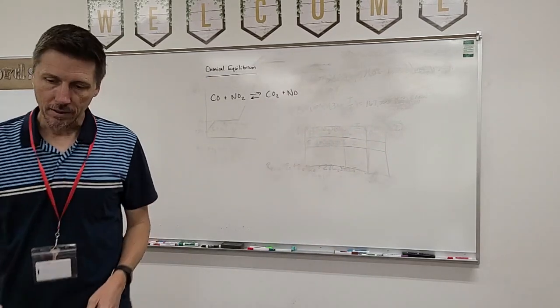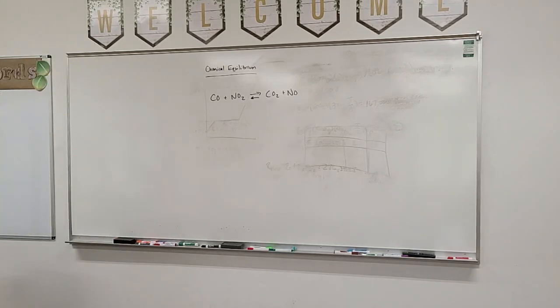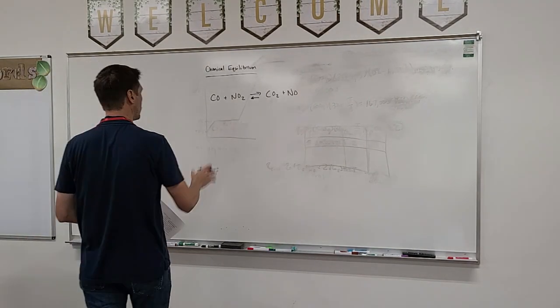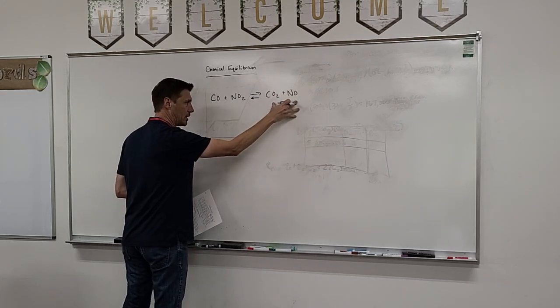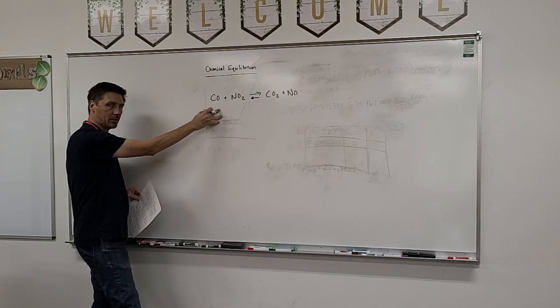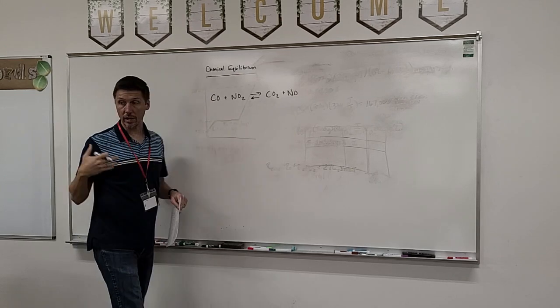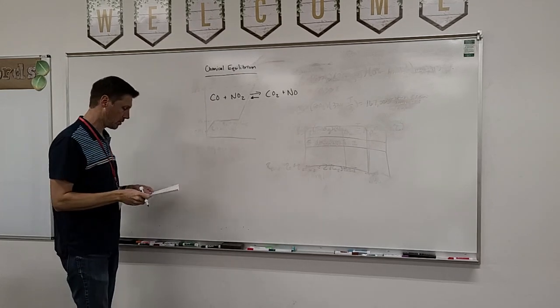All right, so let me give you a definition of that. It's basically the reaction rate, right? This happens at a particular rate as we move forward, and then as this one begins to happen moving in the other direction, that happens at a particular rate. And when those rates equal one another, we say we're at chemical equilibrium.